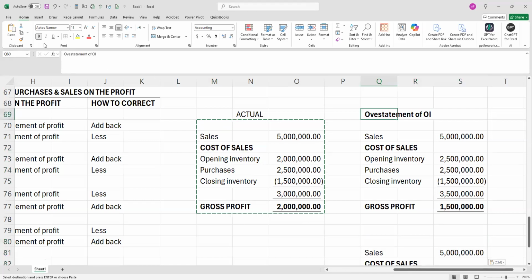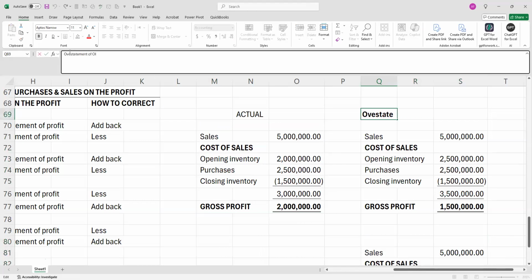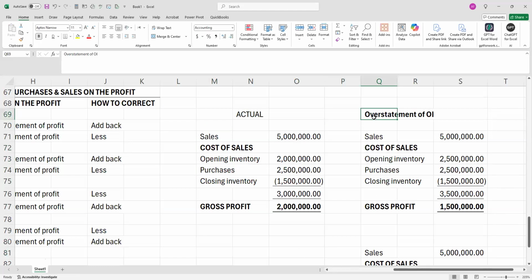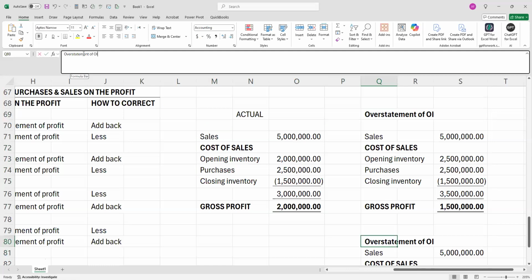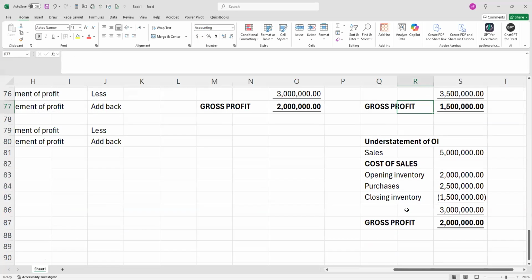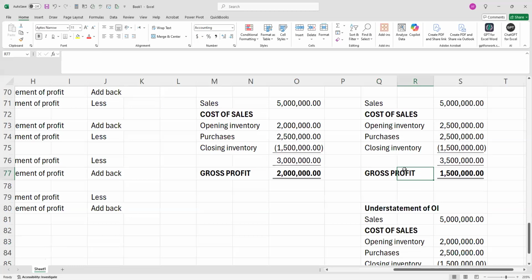This is understatement of opening inventory.